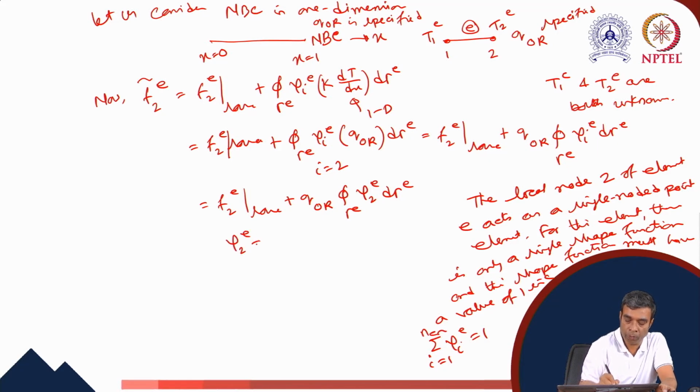Psi 2E equals 1 for a single-noded point element.